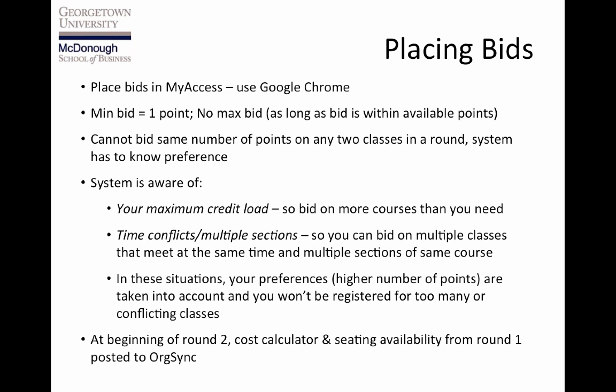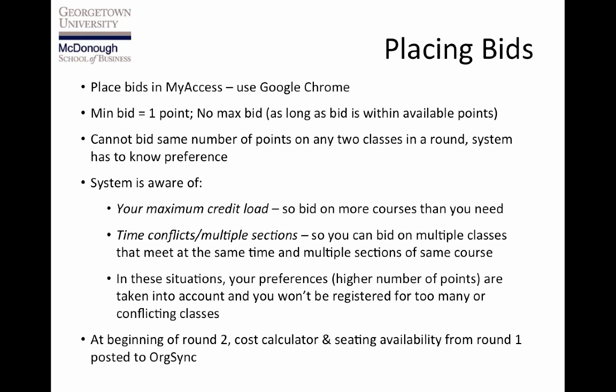At the start of subsequent rounds of bidding, so second rounds, it's important to look at the cost calculator and seating availability chart from the previous round, which is posted in the registration page of OrgSync. It's important to look at seating availability when bidding in round 2 for a few reasons. Some classes will have filled in round 1, so you can't get in the next round.